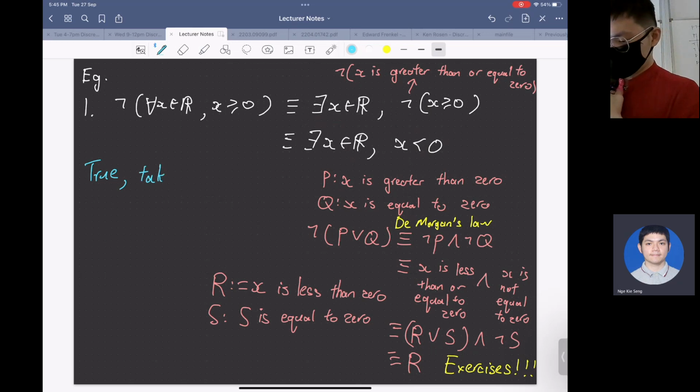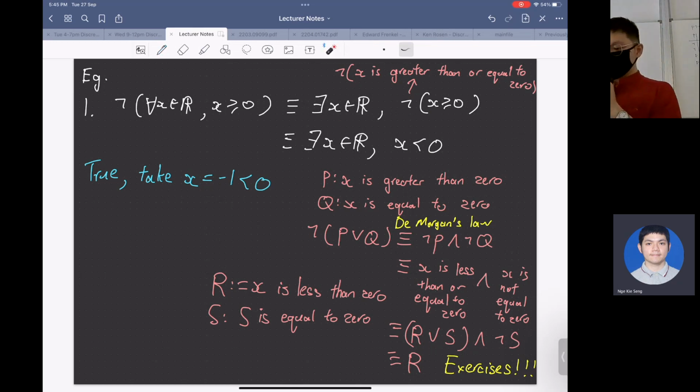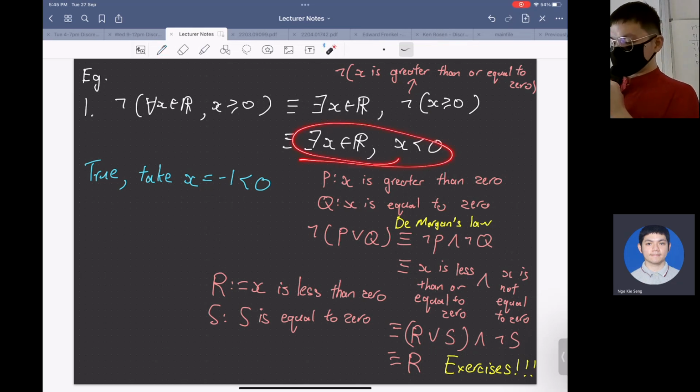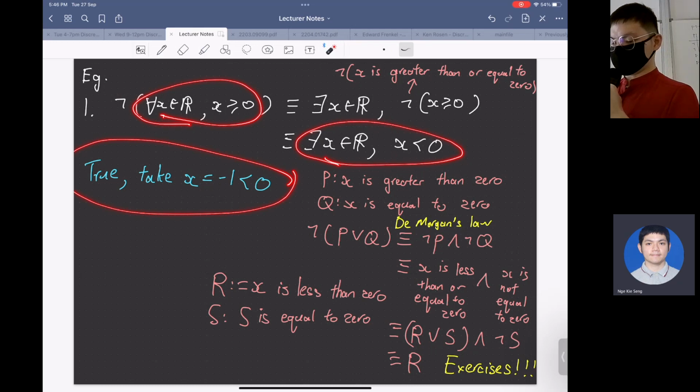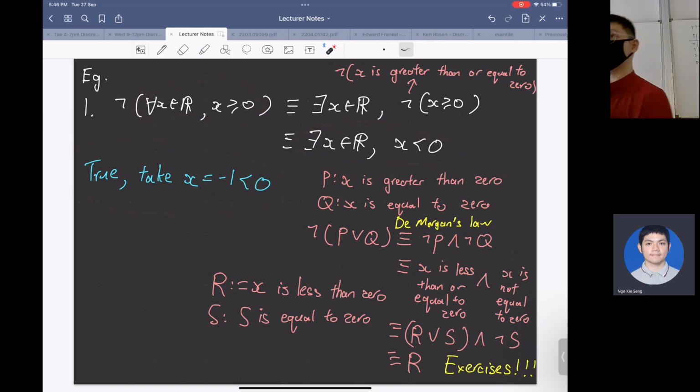Good, take x equal to minus 1. So you found an x such that x is less than 0. So last time we said that if this statement is true, the one after the not is false. So to show that this is false, you show that this is true, and this is what you need to show. See? Now we are putting all the stuff together.